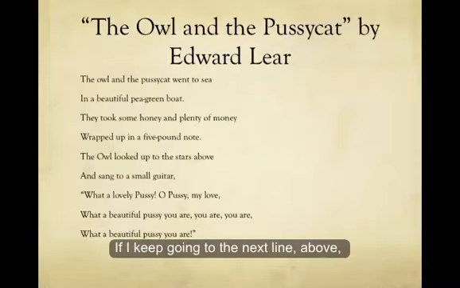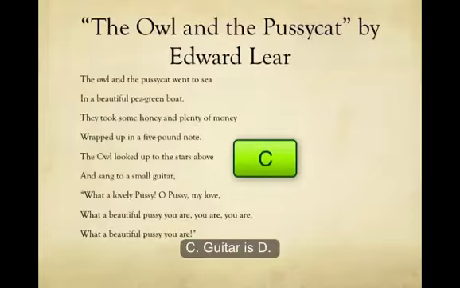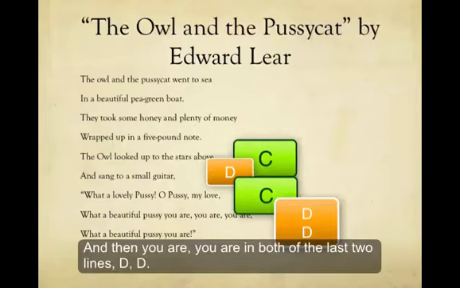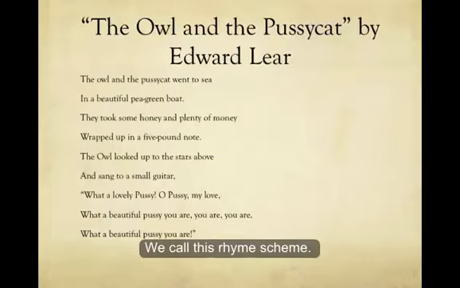If I keep going, the next line ending in above, C, guitar is D, my love, C, and then you are in both of the last two lines, D, D. We call this rhyme scheme.